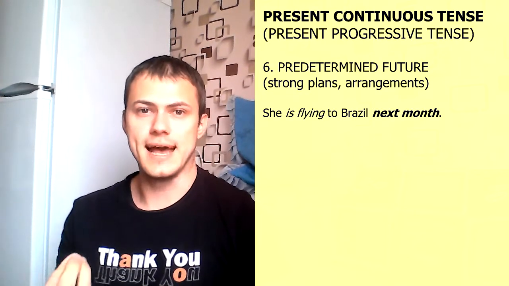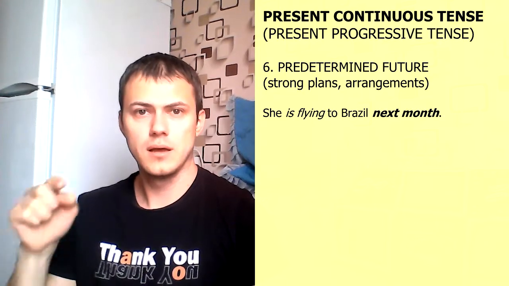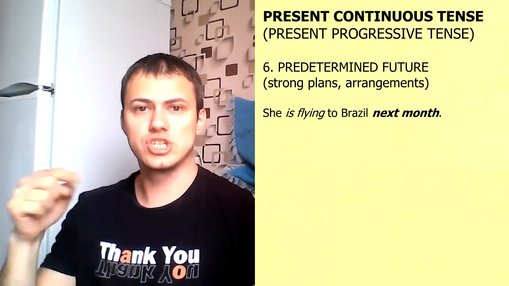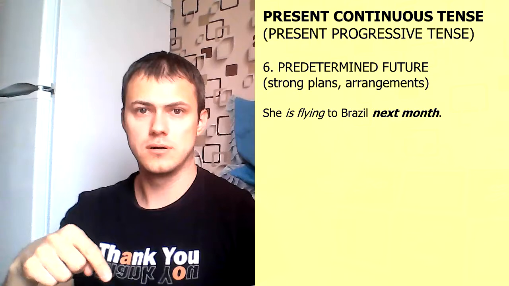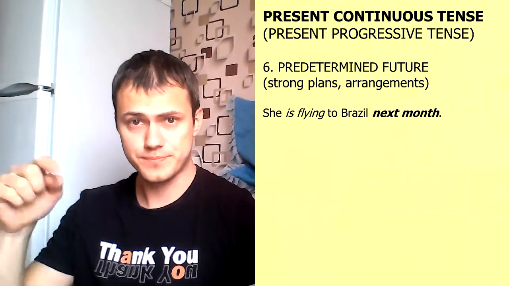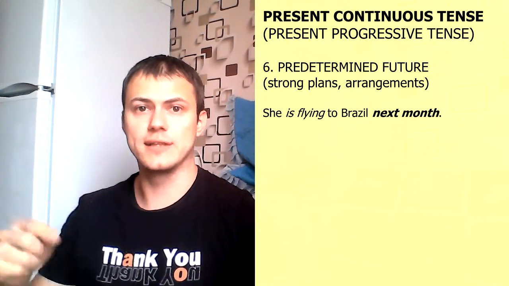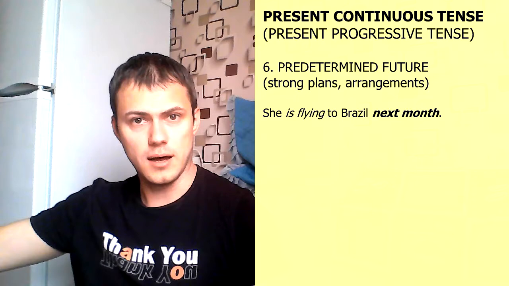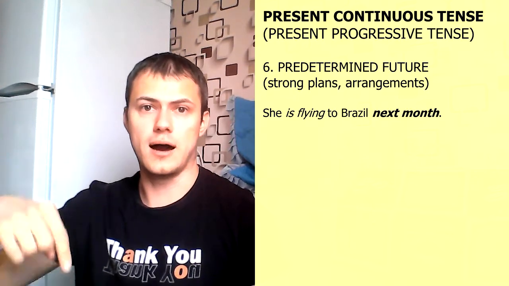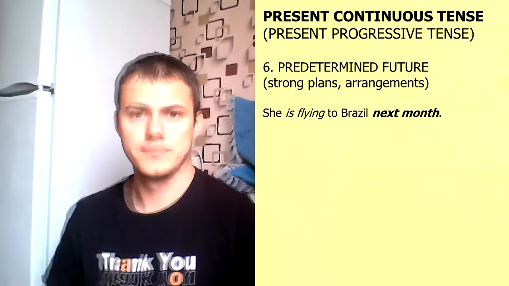If we said she is flying to Brazil and that's all, it would mean that she is flying to Brazil right now. Right now, she is on board of the plane. But she is flying to Brazil not right now. She is flying to Brazil next month.